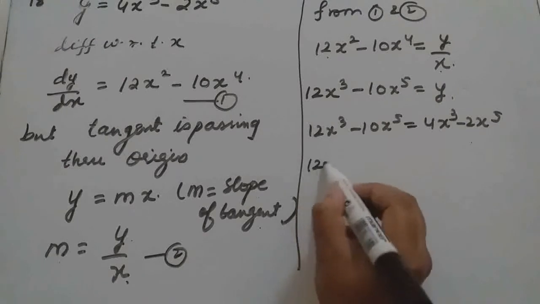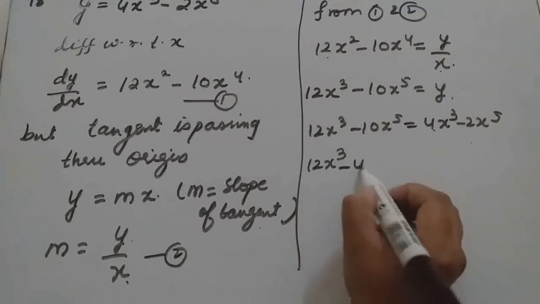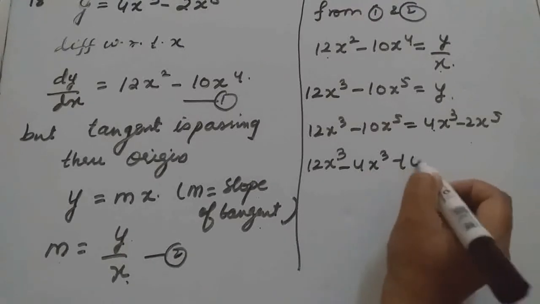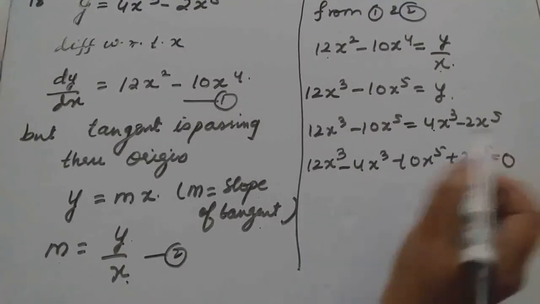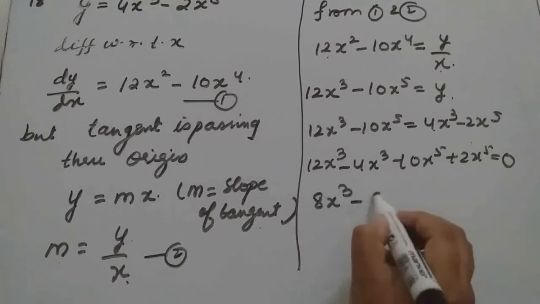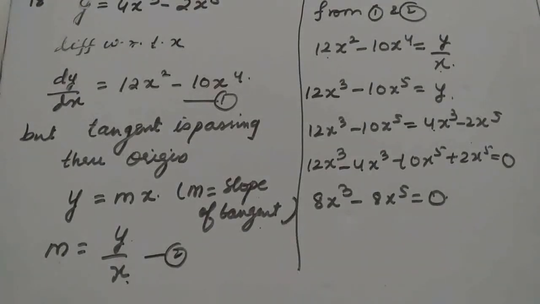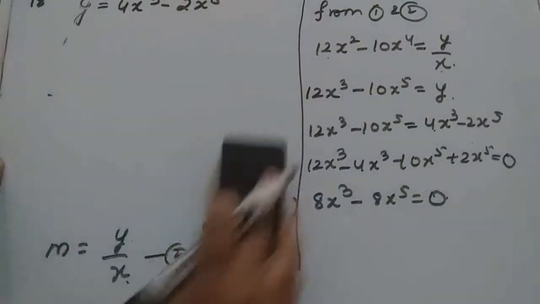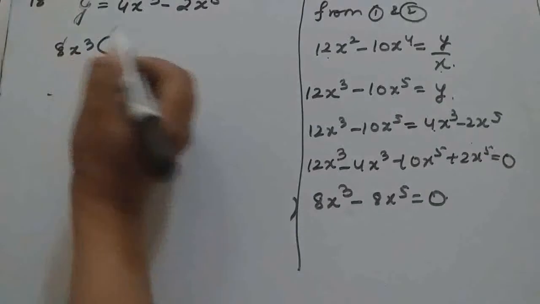Now 12x minus 4 means 8x cube, and this will give minus 8x power 5. Now 8x cube we can take common.